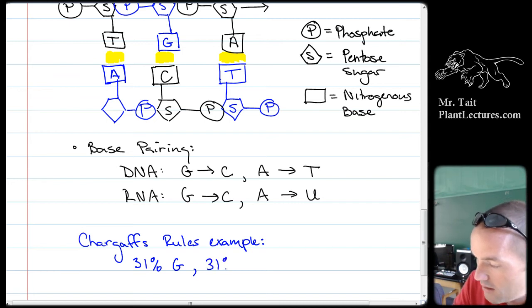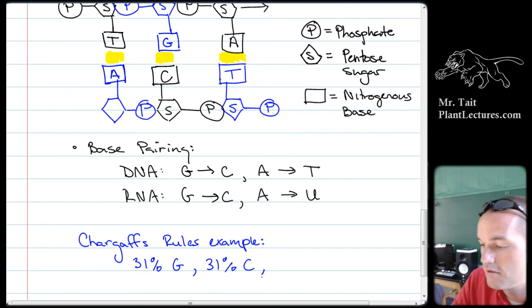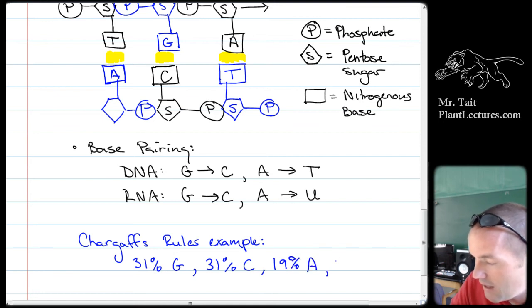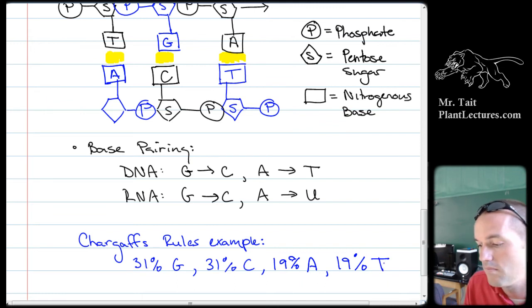You'd have 31% cytosine. Anything else? 62% of the strand is going to be guanine and cytosine, which is going to leave 38% to be adenine and thymine, right? So if 38% are adenine and thymine, how much is adenine and how much is thymine? 19% adenine and 19% thymine. Make sense?